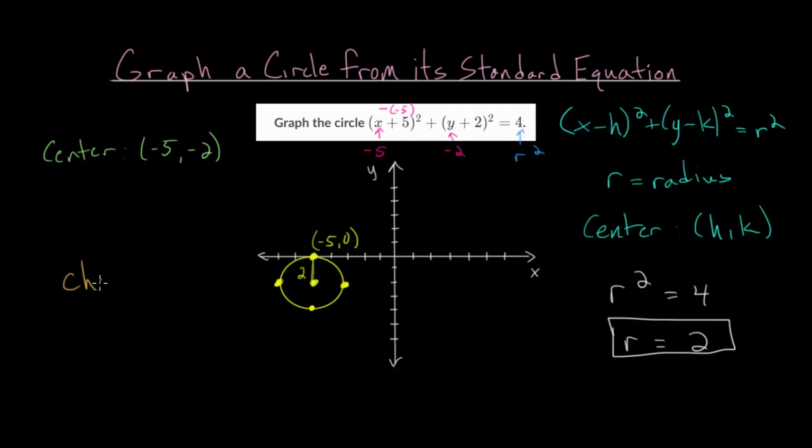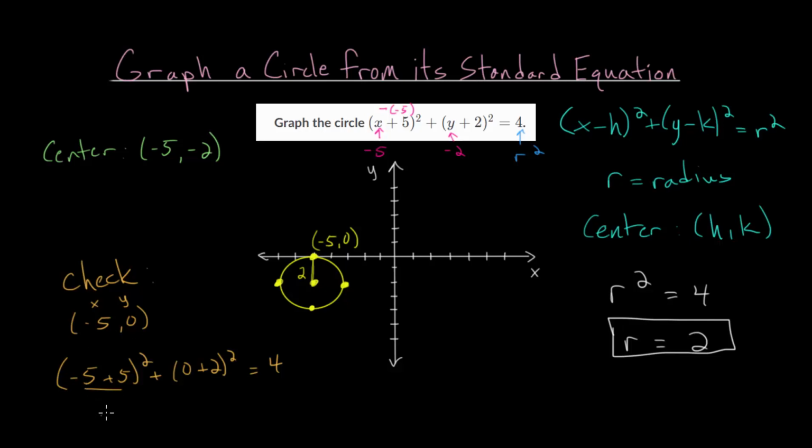So let's try that just to double check our work. We're going to plug in the point (-5, 0). So x is -5, y is 0. And doing that, we get (-5 + 5)² + (0 + 2)², and this should equal 4.